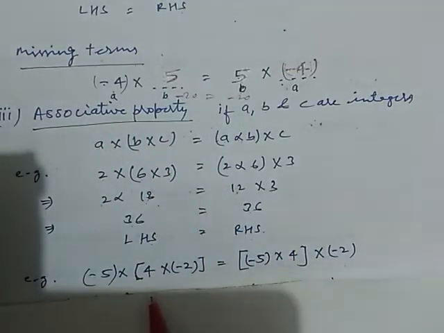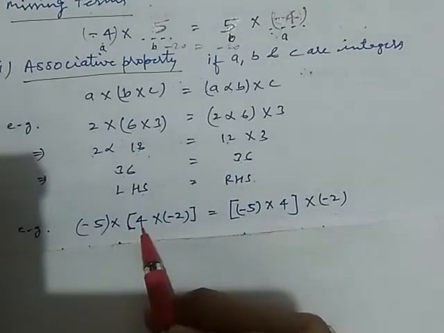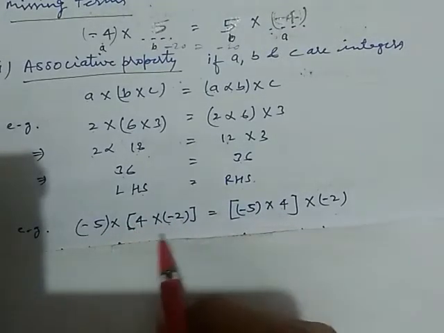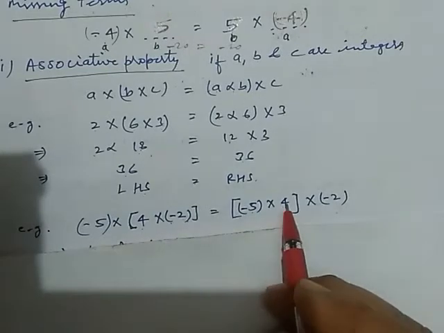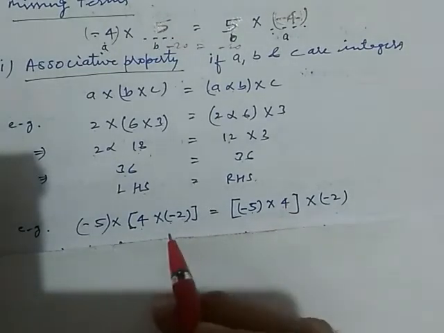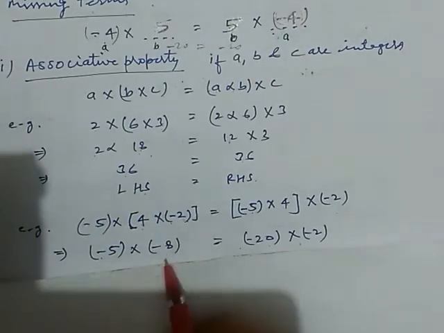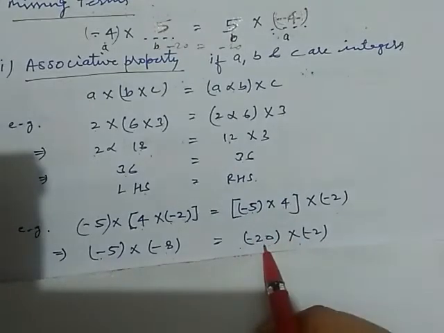Now we take another example. Minus 5, 4 and minus 2. These are three numbers. Here we first associate 4 and minus 2, and here minus 5 and 4 first, and check what is the difference. When we multiply 4 into minus 2 we get minus 8. Here minus 5 into 4 is minus 20.